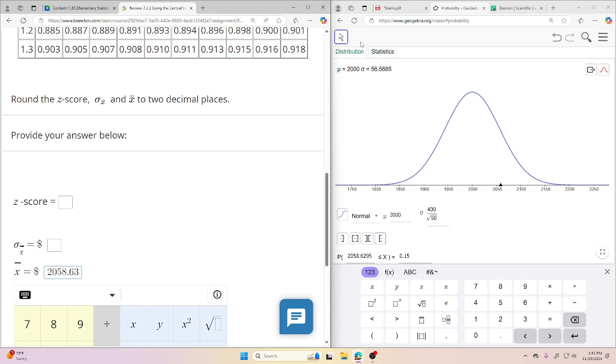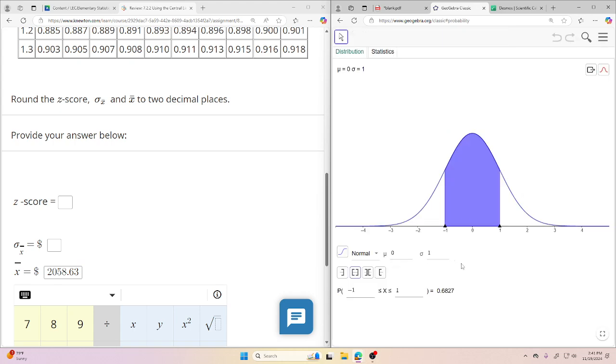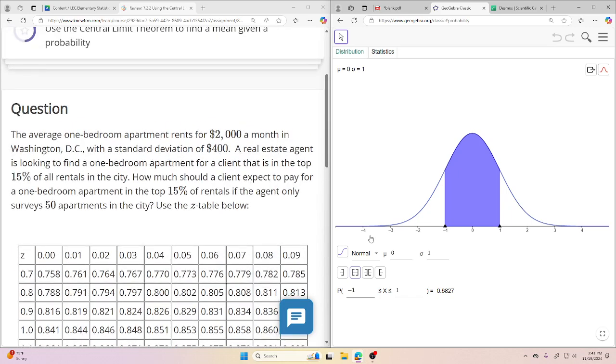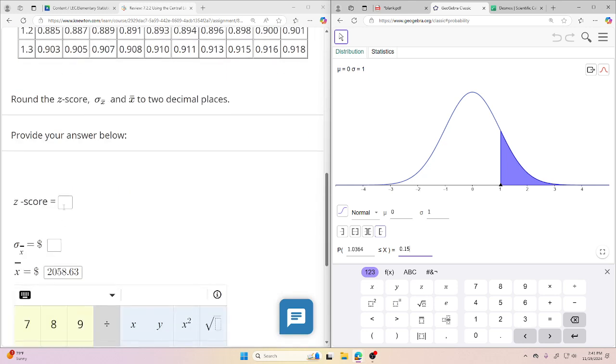Let's go back and do the z-score. So how do I do that? I refresh. I start over. Brand new. 0, 1. That's how we get z's. And they're asking for top 15%. Does that look like the top 15%? Yes. I always want to double check my picture. That's my z-score, 2 decimals.